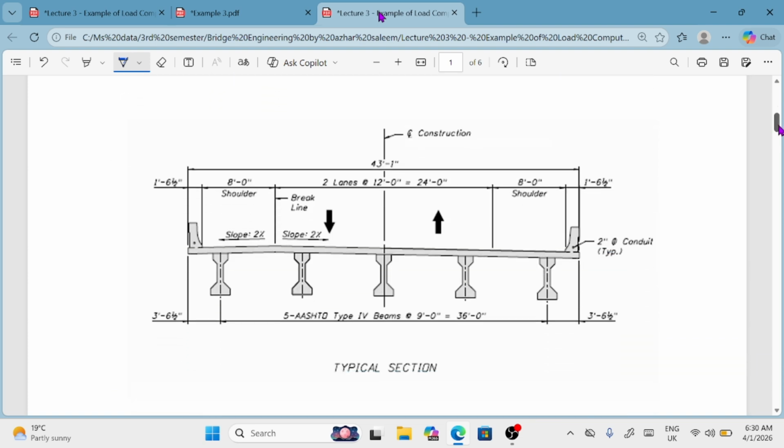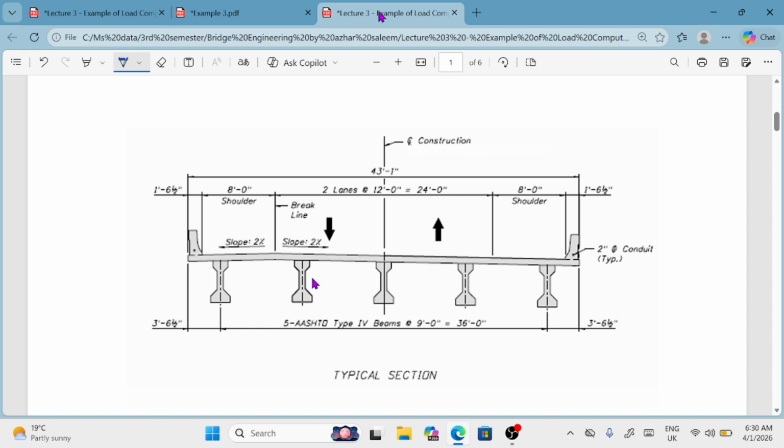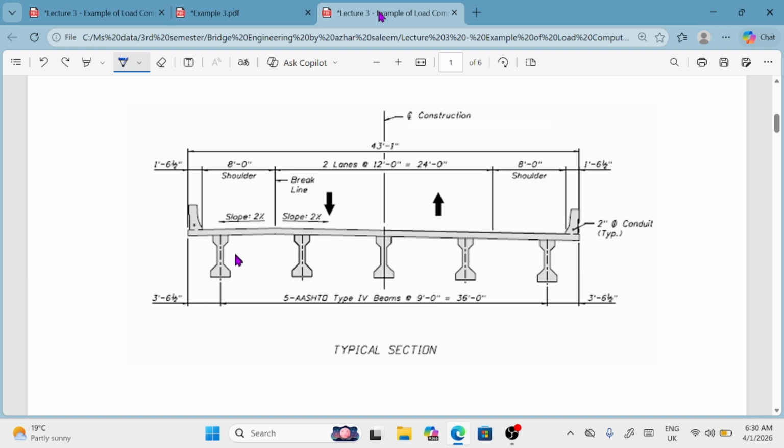This is a typical section of the required bridge, and we will compute the load on this bridge. These are girders, this is the deck, and this is the barrier. This is its dimensions. There are 5 girders, 1 2 3 4 5, at a spacing of 9 feet 0 inch center to center.